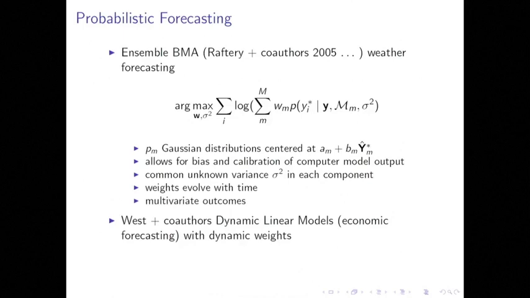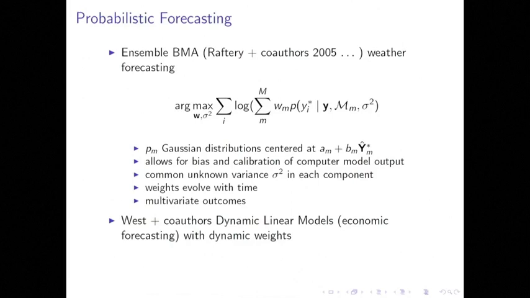And then look at, again, multivariate outcomes. It may be that we're not just going to focus on one response. We've got multiple responses that we're interested in trying to predict, so it might be both temperature and, say, rainfall. There may be other multivariate outcomes that we're going to look at. Mike West and co-authors have looked at similar problems, coming from dynamic linear models and more from the economic forecasting approach.